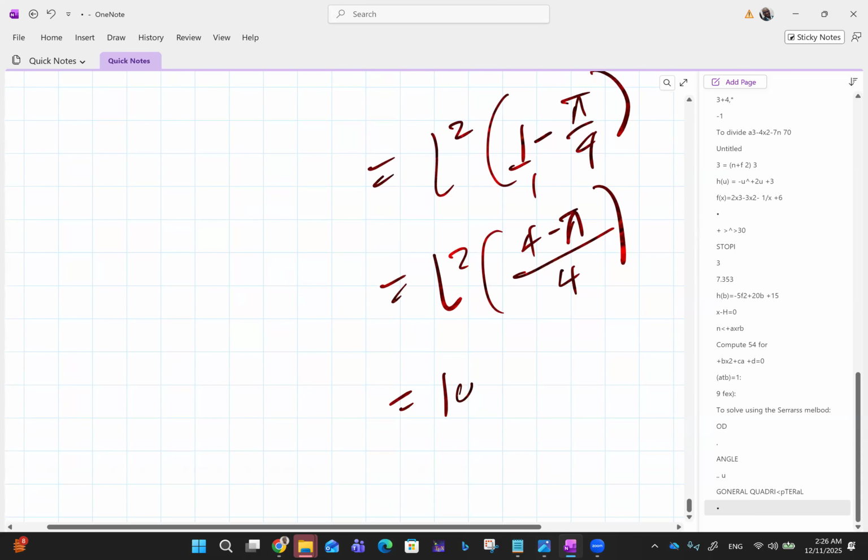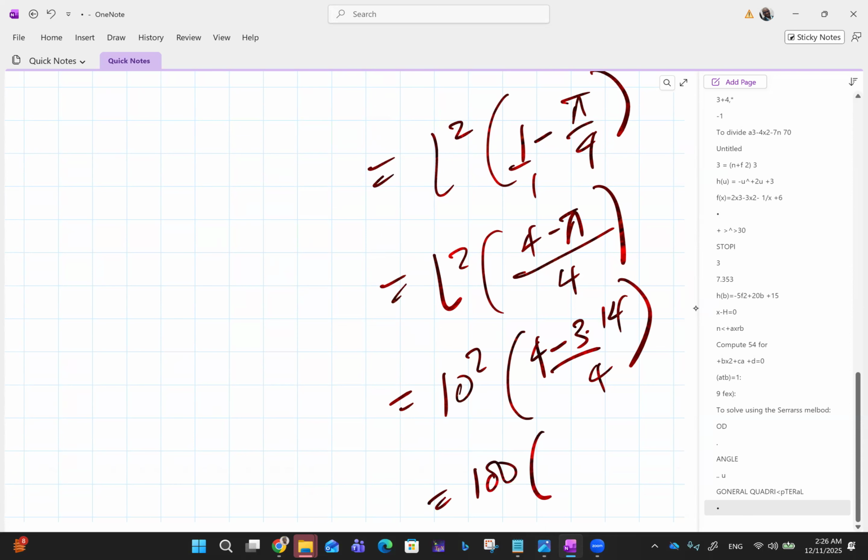So L is 10 squared into 4 minus 3.14 all over 4. That's 100 multiplied by 4 minus 3.14, which should be 0.86, over 4.